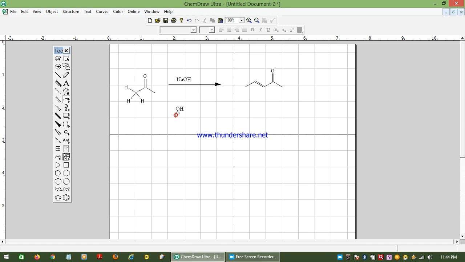Now go to this, you can have abstraction of this hydrogen. You just arrange this.